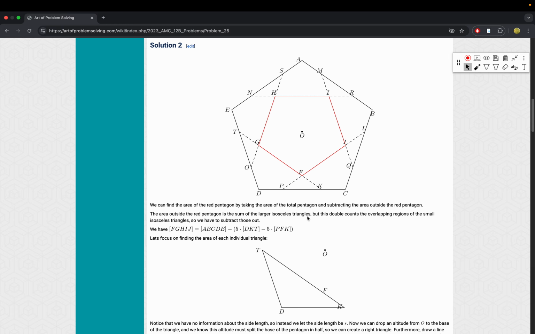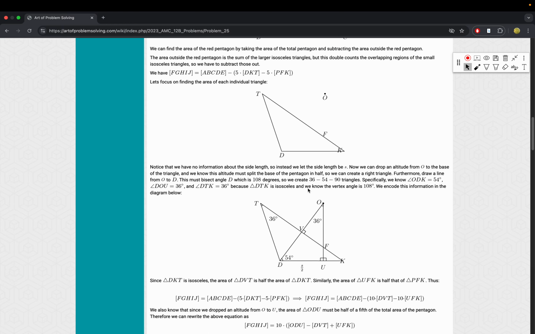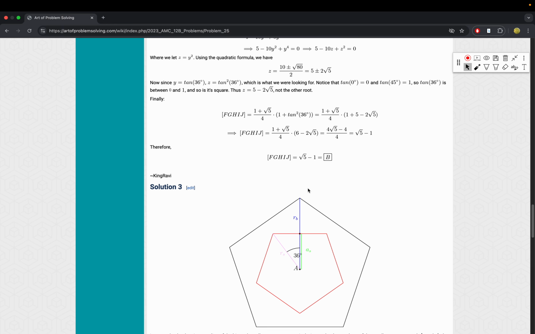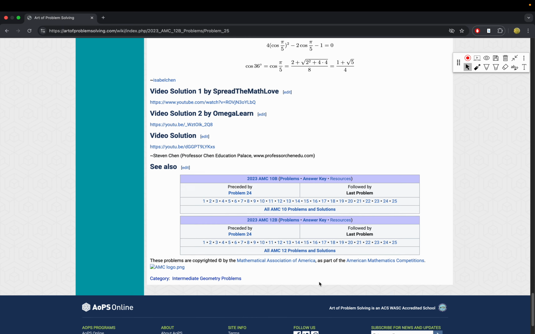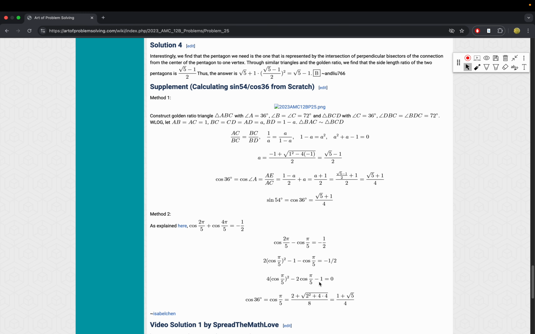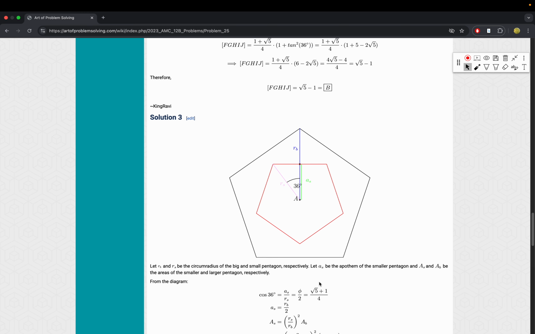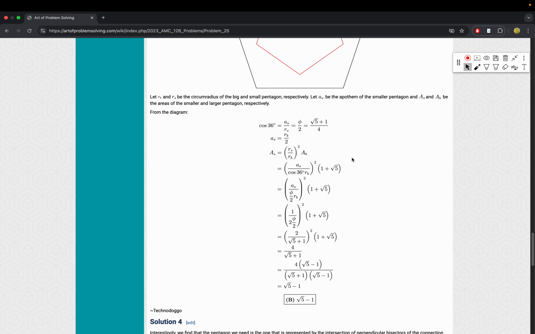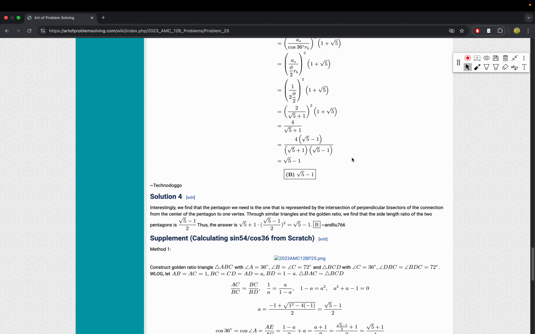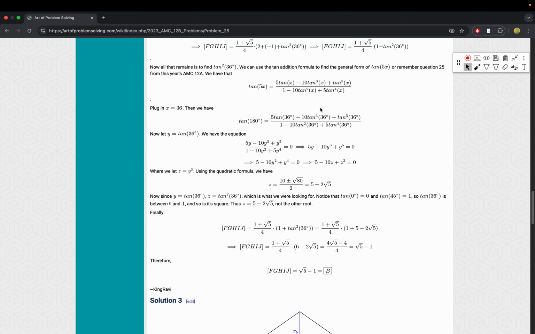Oh, wait. Someone actually thought of drawing a bigger pentagon. Whoa, nice. Wait, I couldn't proceed further from here. Oh, wait, so this actually works. Nice.